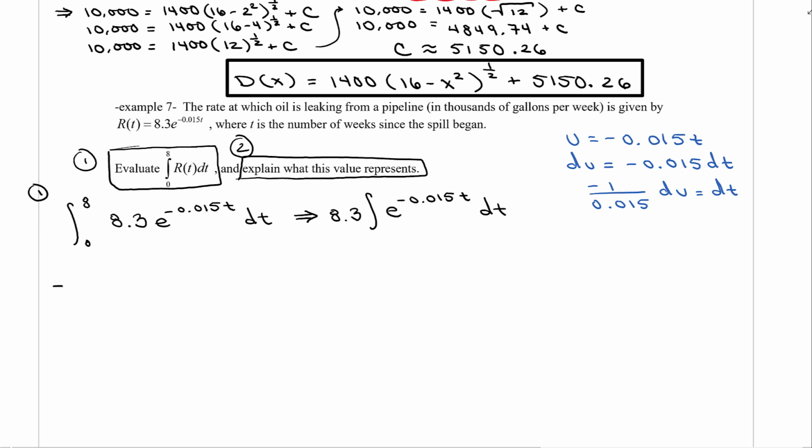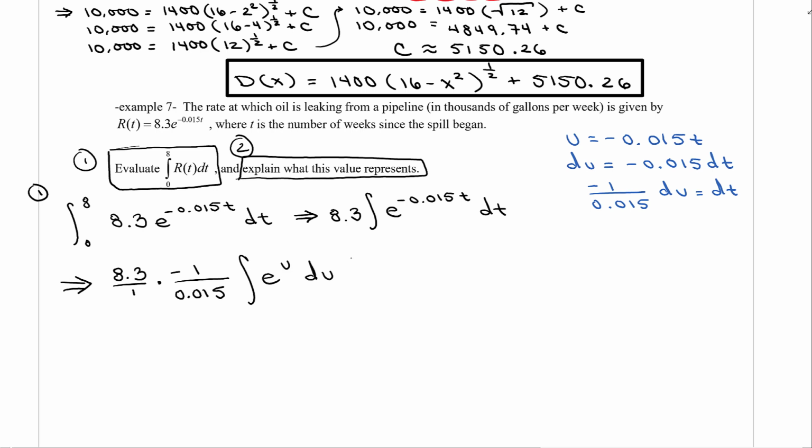Okay, I'm going to draw an arrow pointing to the right to represent my next line down, and I'm going to write down our integral: 8.3 over 1 times negative 1 over 0.015 times the integral of e raised to the u power du.